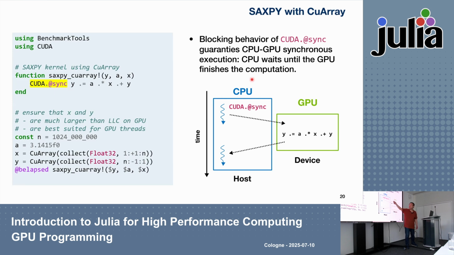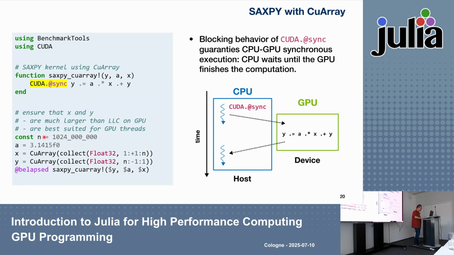Because if the CPU just offloads the work and then leaves, the result, for example Y, hasn't been calculated on GPU yet. So there is a synchronization needed so that after this time slice, everything is done. You have the correct value of y.